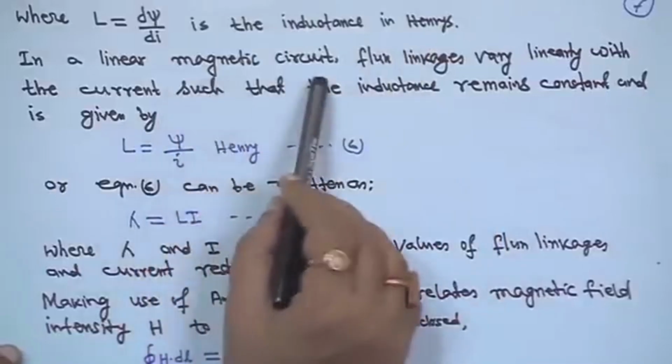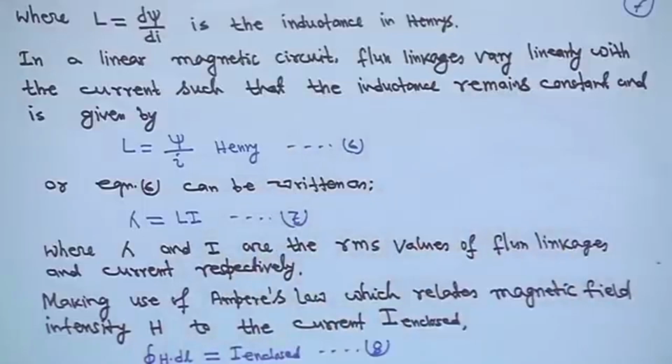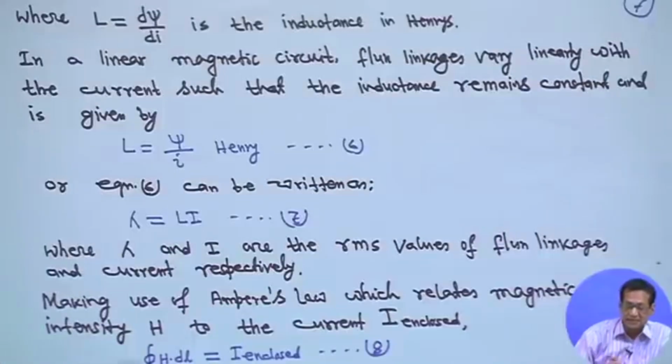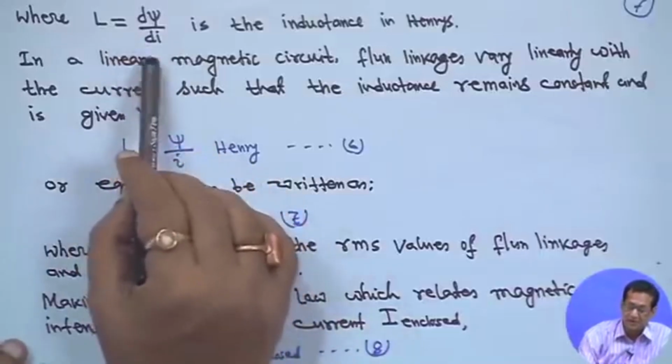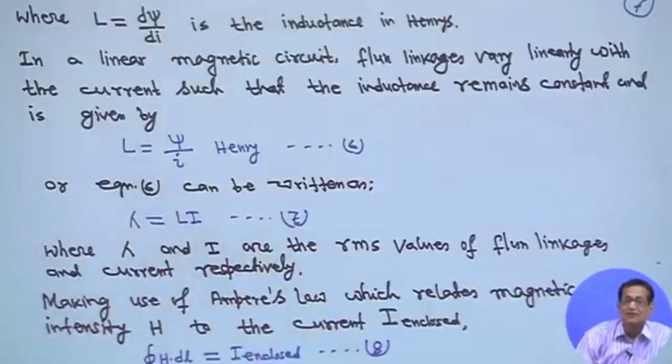In a linear magnetic circuit, flux linkages vary linearly with the current, such that the inductance always remains constant.